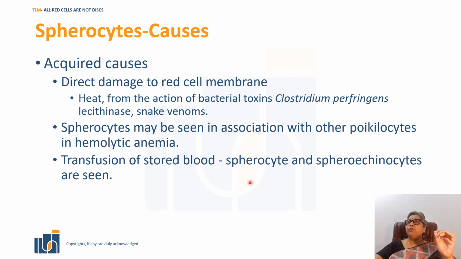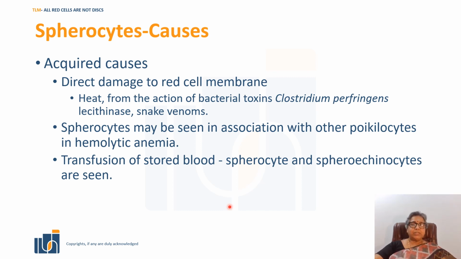Now this is important. When you transfuse stored blood, all blood that is transfused is stored blood, and then you look at the smear the next day morning, you will definitely see the presence of spherocytes, and along with spherocytes, you will see spheroechinocytes. I discussed this with echinocytes in the previous module.